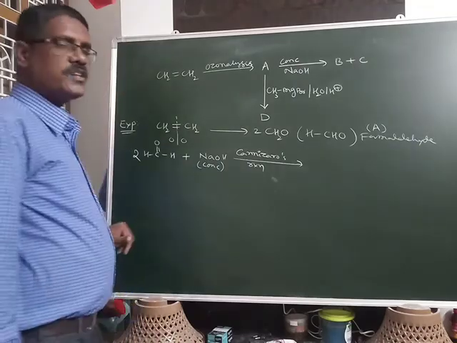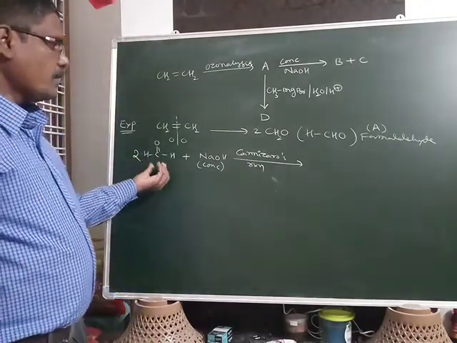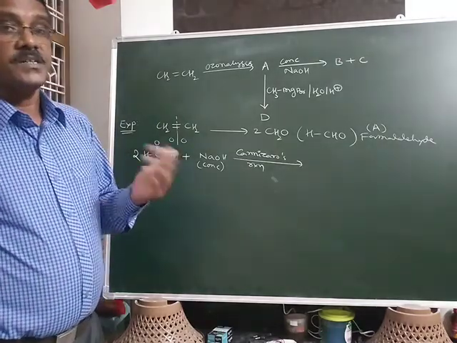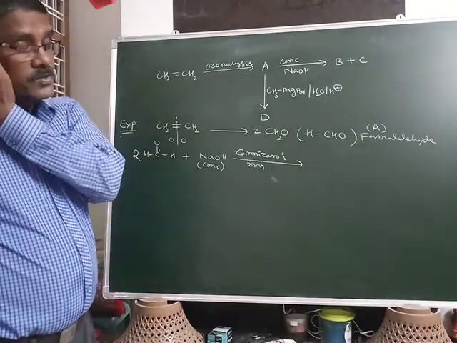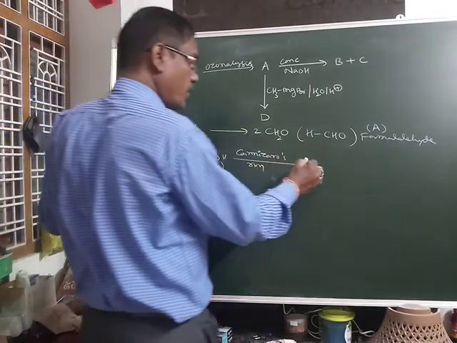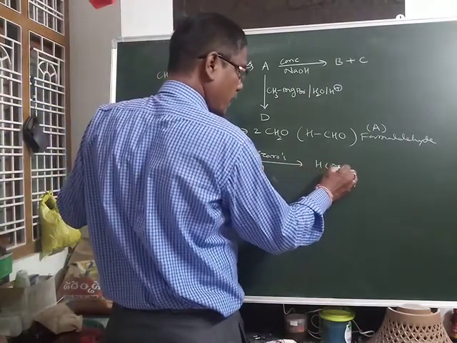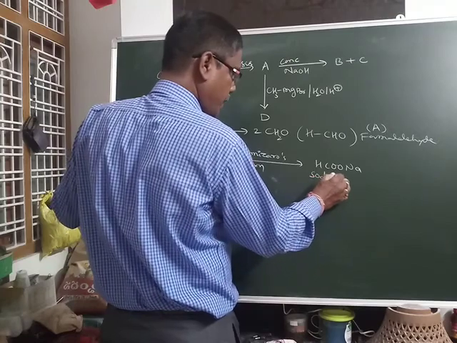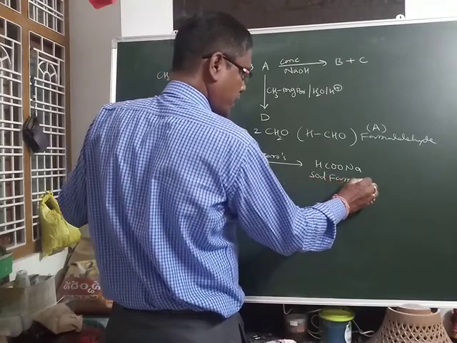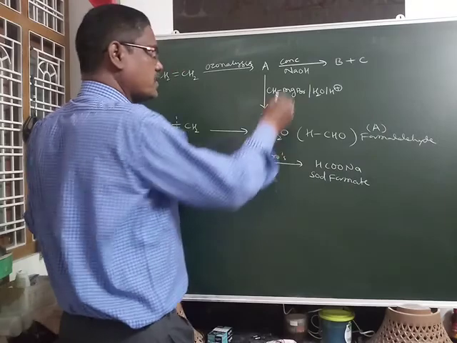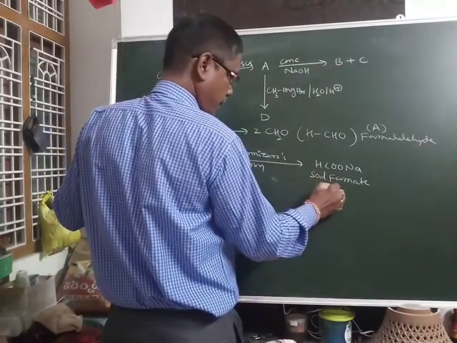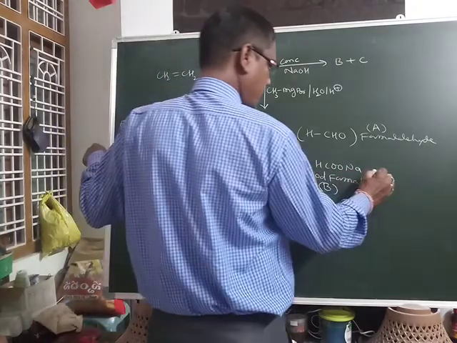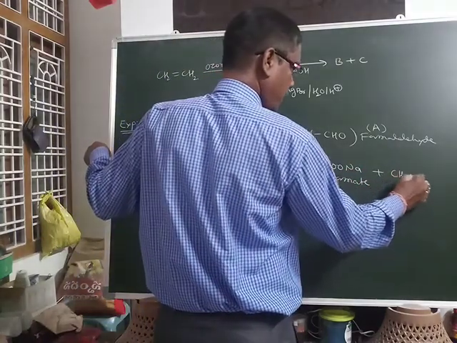In the Cannizzaro reaction, one molecule reduces into alcohol and the second molecule oxidizes into the salt of carboxylic acid. That's why we obtain HCOONa. This is called sodium formate. Let this be B. B is sodium formate, plus C is methyl alcohol.